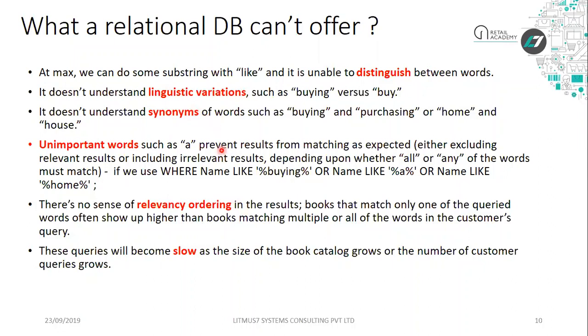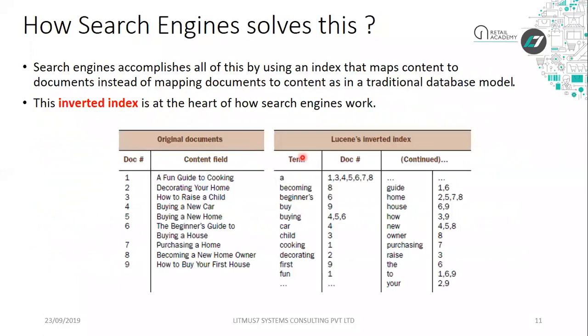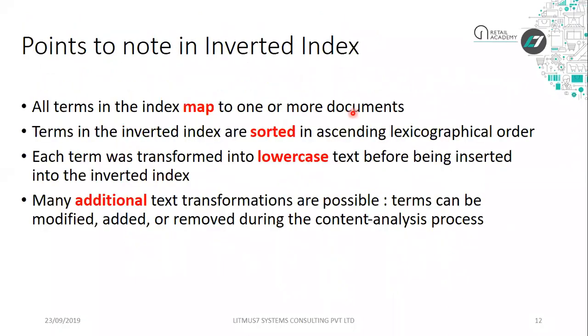But altogether, what I just want to discuss with you is why a normal relational database or any other data structure is not sufficient for a search operation, and what an inverted index is, how the inverted index plays a vital role in a search engine, and that it is the heart of any search engine's work.